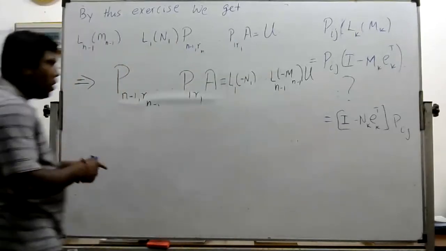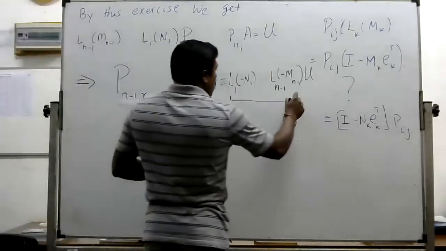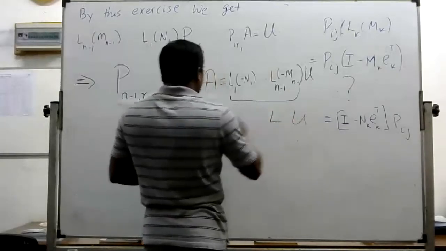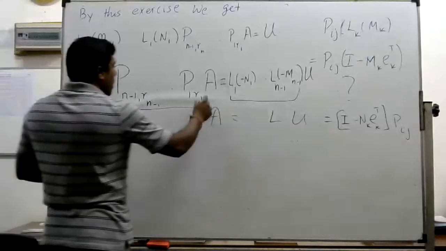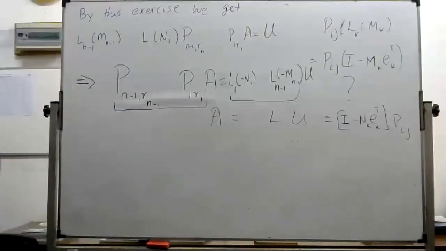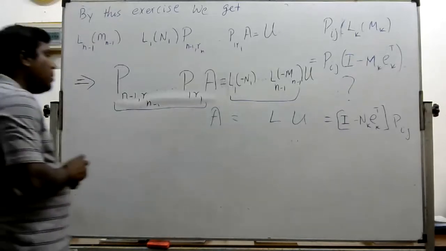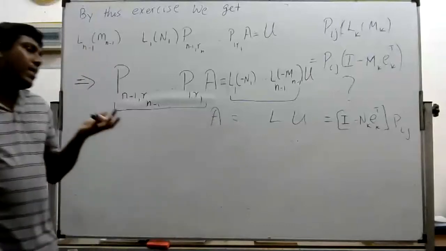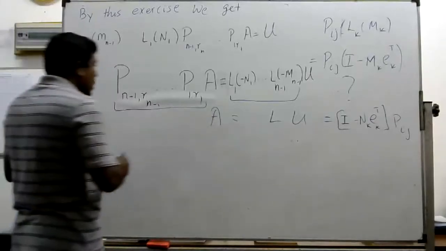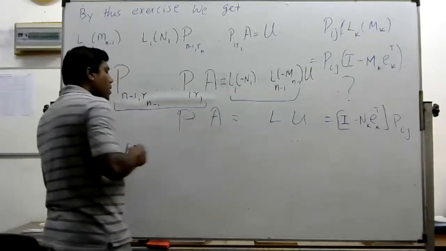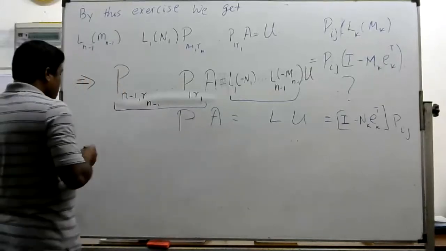Clearly this one is L, U, and here you have A, and now you have a product of elementary permutation matrices. You have to show that a product of elementary permutation matrices is a permutation matrix. That is not a big thing because that is obvious.